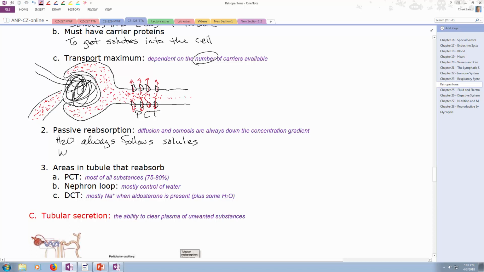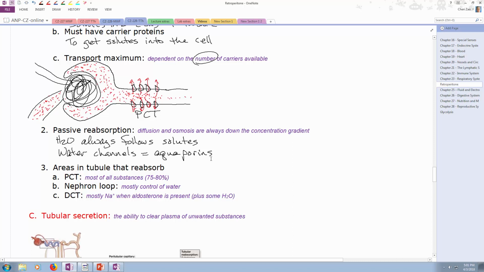Remember, water channels or pores are called aquaporins, A-Q-U-A, porins. So how much water can flow is going to be dependent upon how many aquaporins we have. Just like transport maximum, we have only certain numbers of water doors.